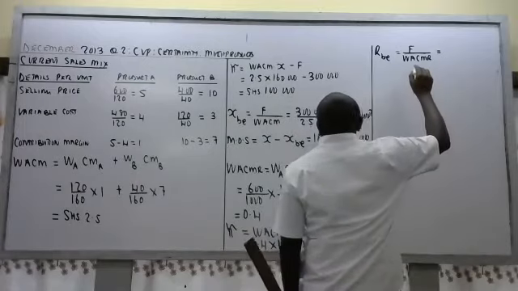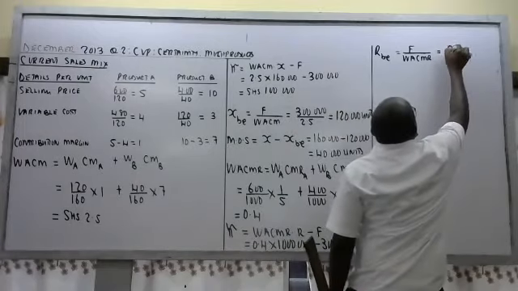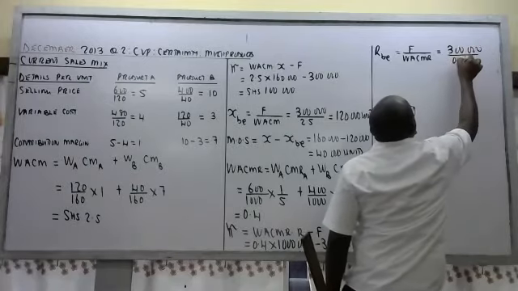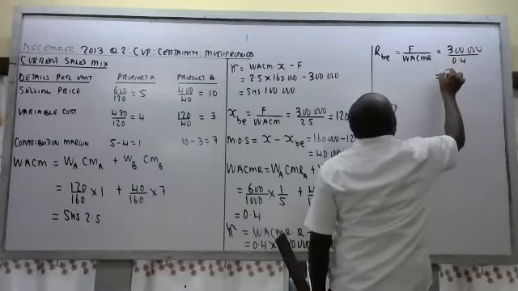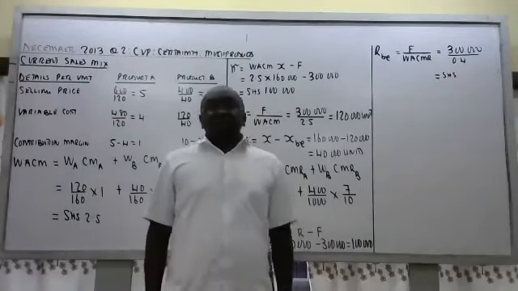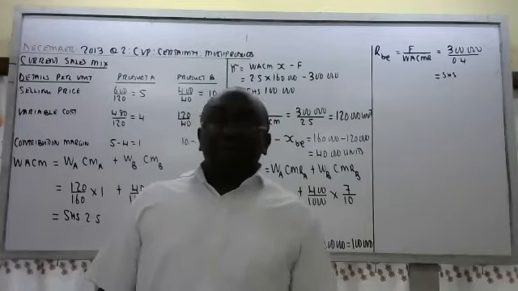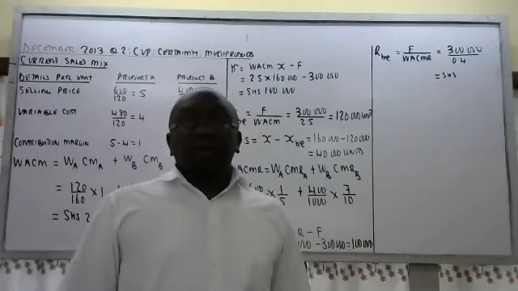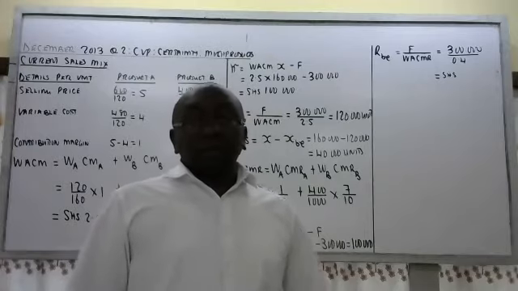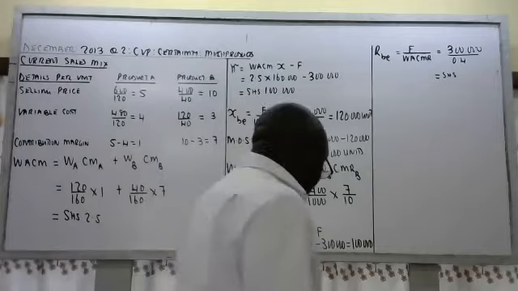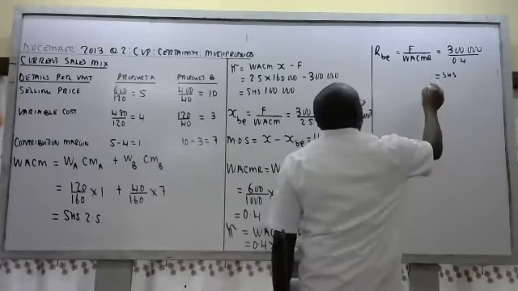So this will be 300,000, you divide by 0.4. That becomes what? 750,000 shillings.